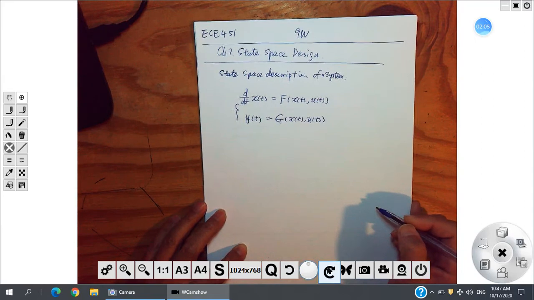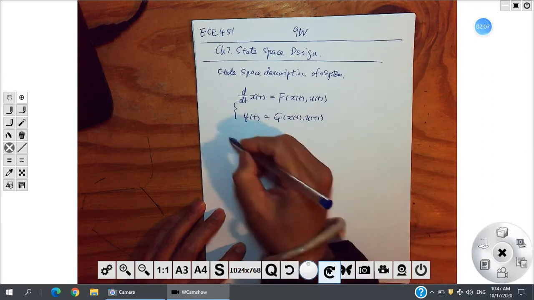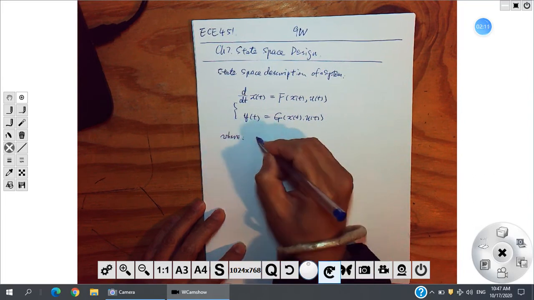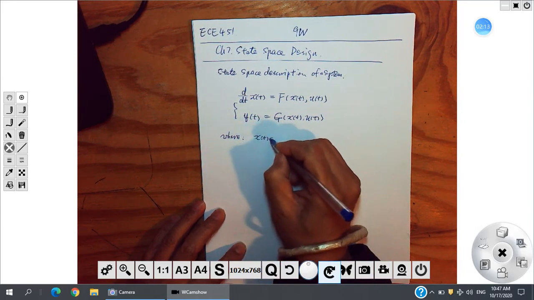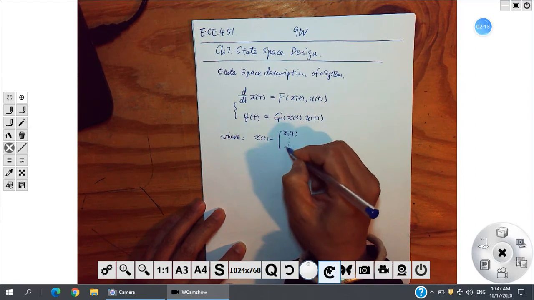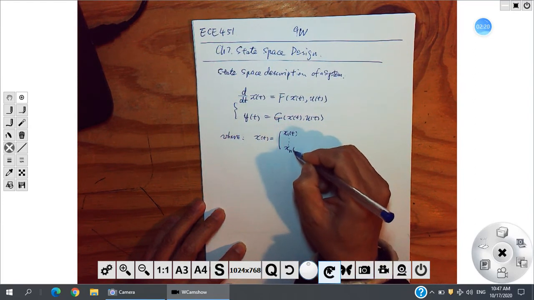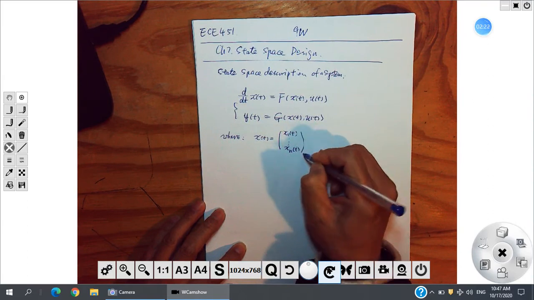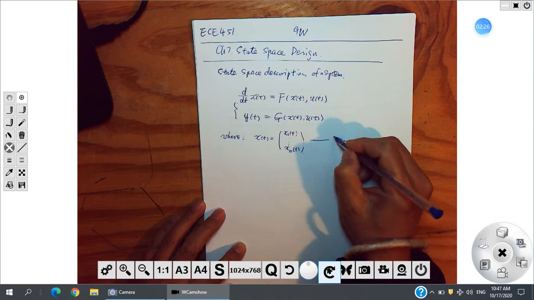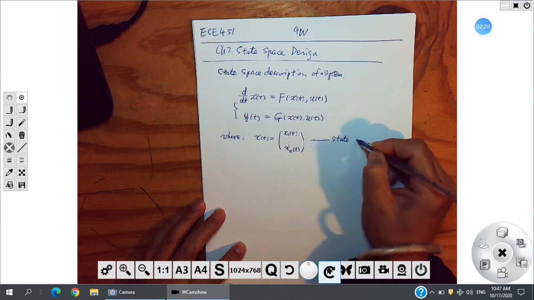This is the general form, where x of t is a vector, x1 of t until xn of t. These are the state variables.